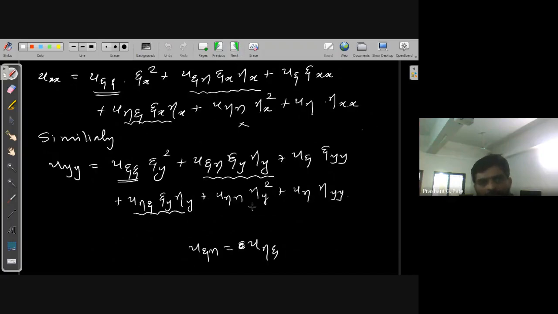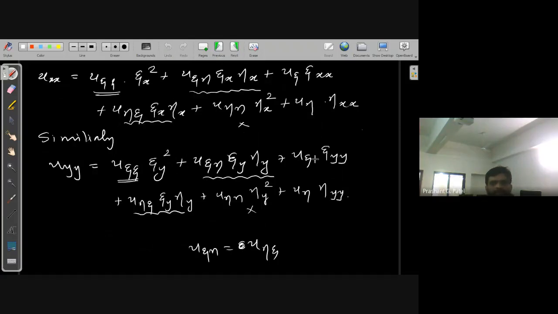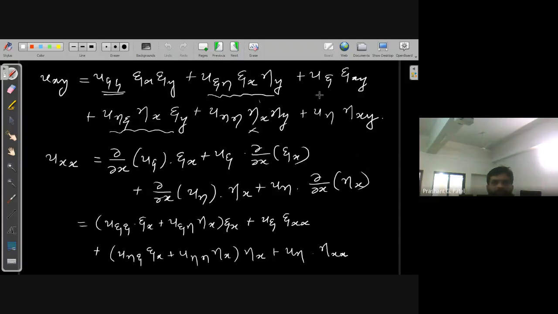And here you will have this quantity, that is plus t eta_y squared, plus some rest of the quantity which is left, which is from here, that is this plus this plus this, and this plus this.